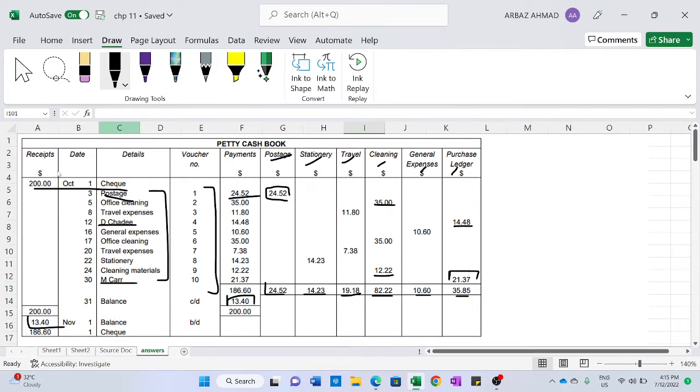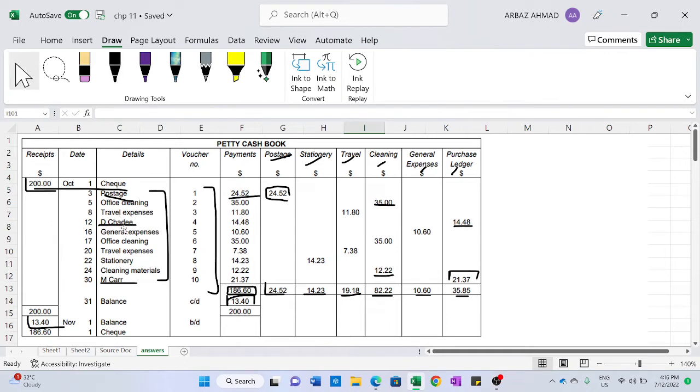Restore means you are supposed to bring that balance back to the original amount. How much you need to top up is 186.60. You don't have to calculate this amount, because it is the amount you have spent. The amount you have spent will be the amount you restore to make it 200, the original balance. Or if you want, you can calculate it by calculator too.